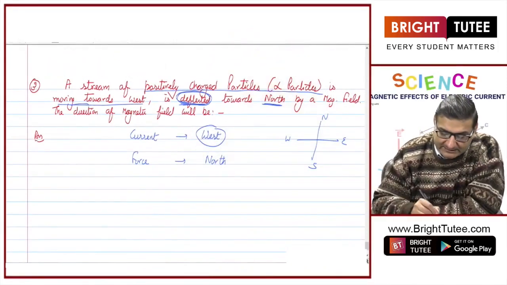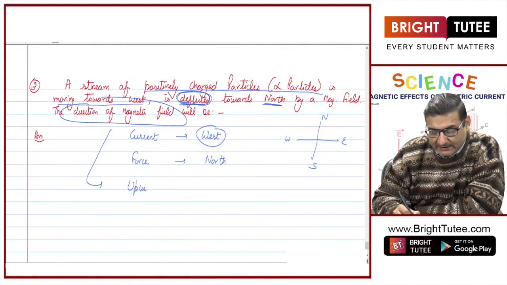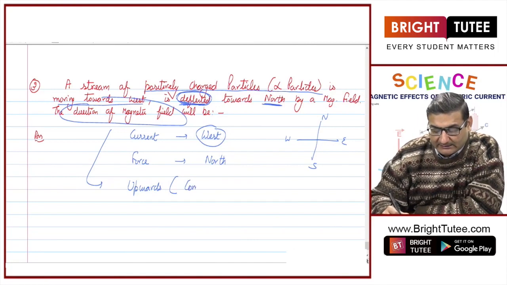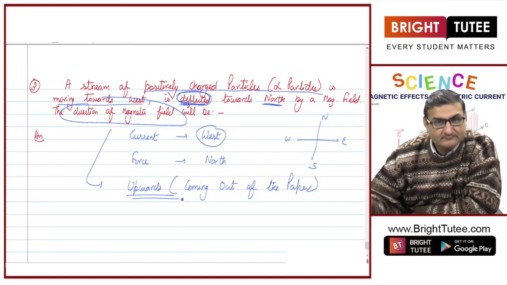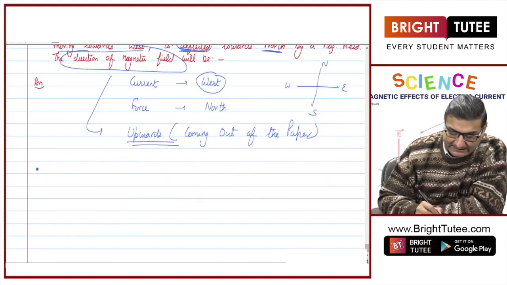So the direction of magnetic field lines will be upwards, and we need to specify this upward as coming out of the paper. Got it? Fine? Good. Let us see the next question.